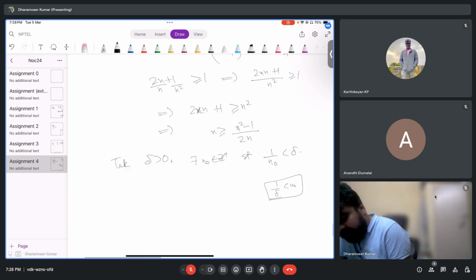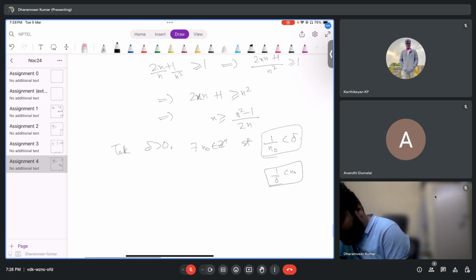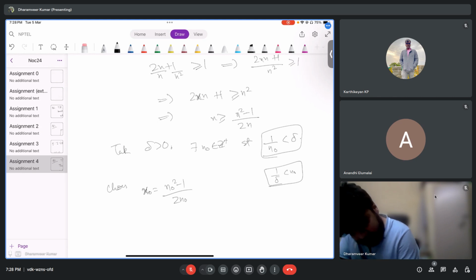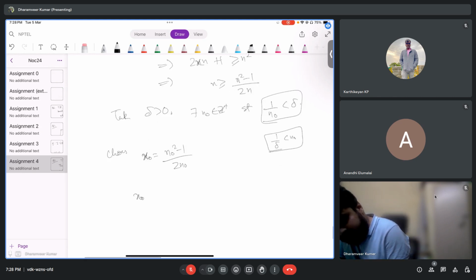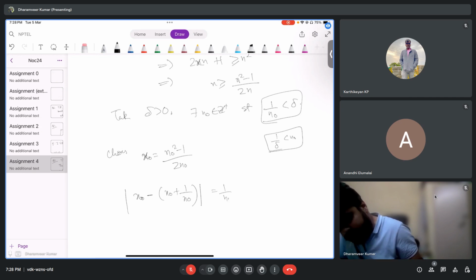Now from here, choose x naught equal to n naught square minus 1 over 2 n naught. So now x naught minus x naught plus 1 over n naught is equal to 1 over n naught, which is less than delta.